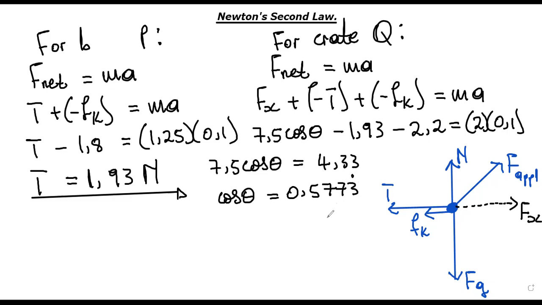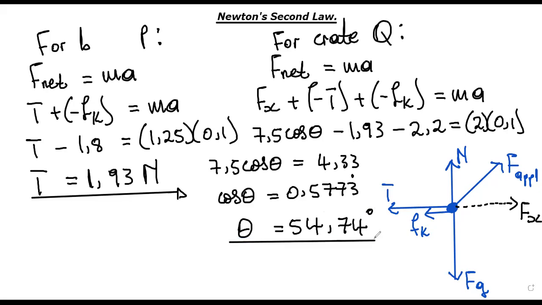Then we use our trigonometry and find the arc cos of this whole thing. So then it means our angle theta will just be 54.74 degrees. And then you should be happy again.